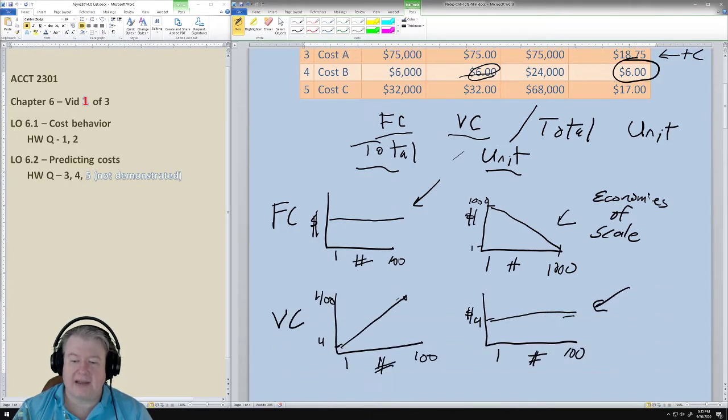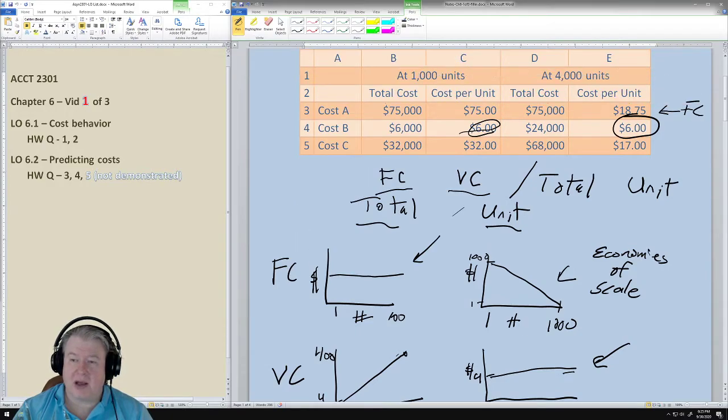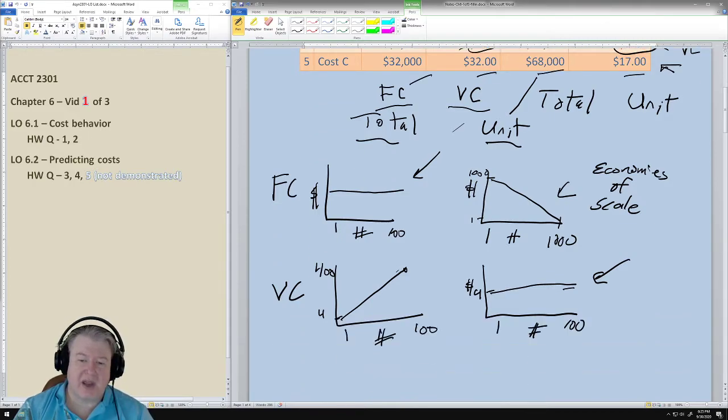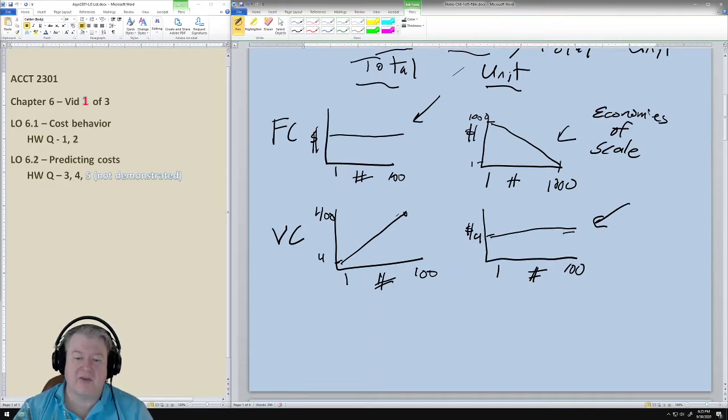Well, remember, that's the behavior of a variable cost. So we would say this is a variable cost. In other words, it's smaller for 1,000 units and it's more for a bigger amount of units. Well, now we come to this one. Neither the cost per unit is the same, nor is the total cost the same. Well, this is the third item that I said we would focus mostly on fixed costs and variable costs.